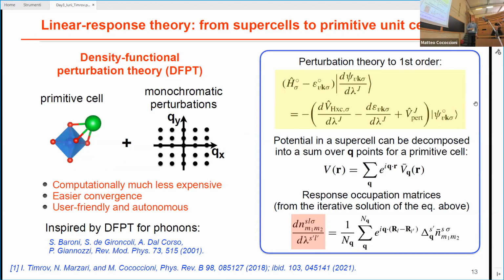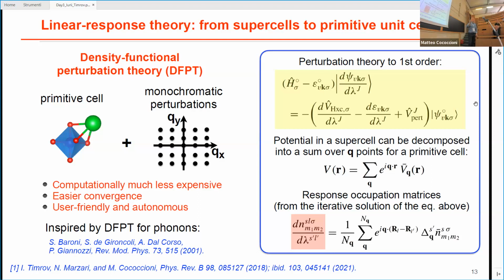And this is, of course, not new, because DFPT was developed in the late 80s, early 90s, by Paolo, Stefano, Andrea Dal Corso, and later by Gonze and coworkers. DFPT was introduced first in the context of phonons, but it's actually very general and can be applied to many other problems. Here I'm talking about Hubbard parameters.